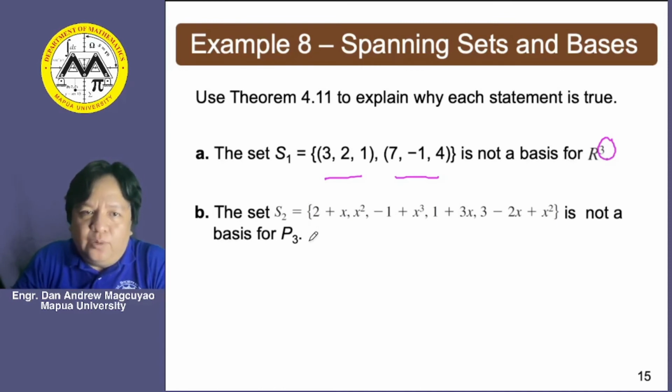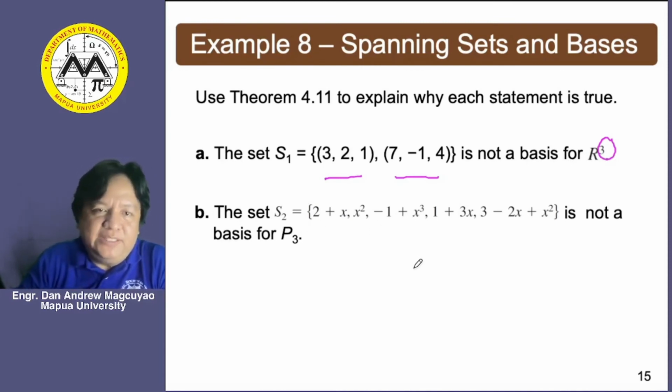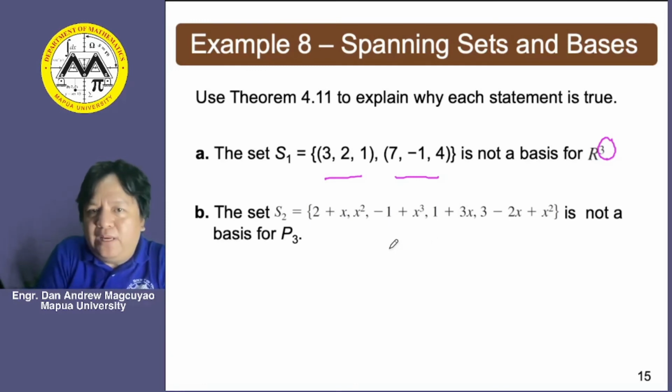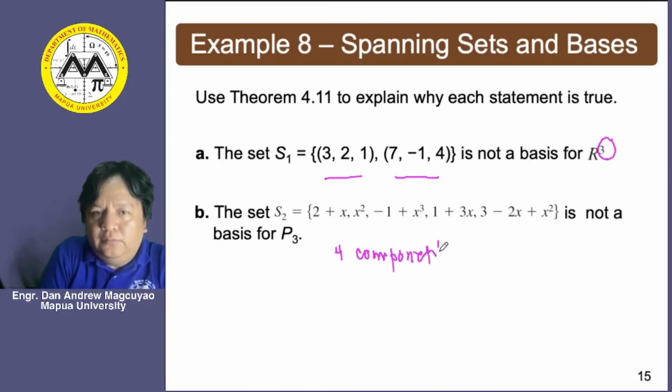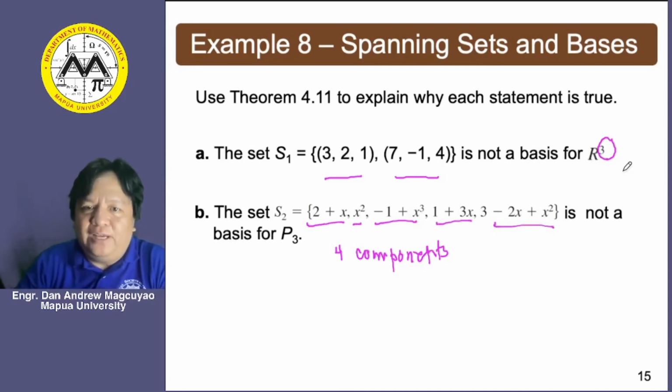For the second one, the set S is not a basis for P3. P3 means 4 components. So you have 1, 2, 3, 4, 5, so you have 5 vectors.